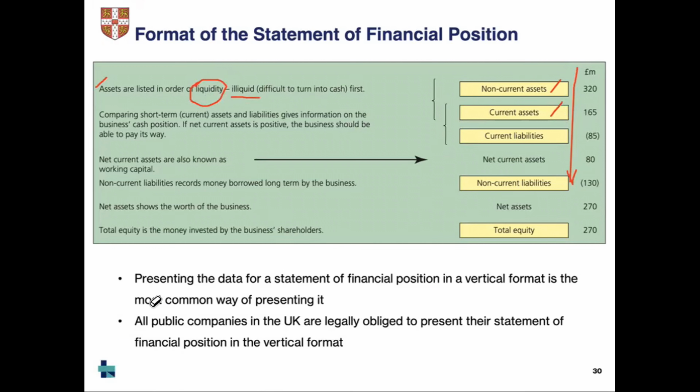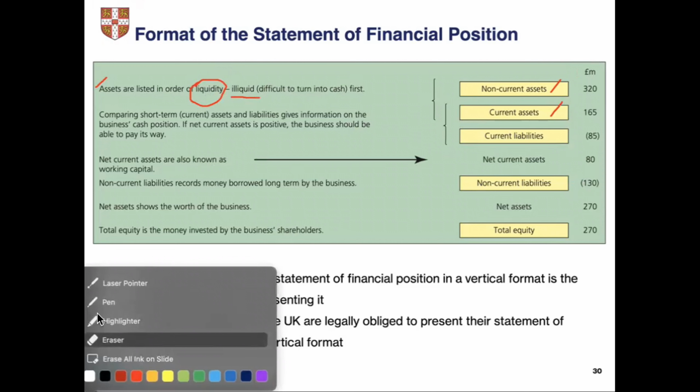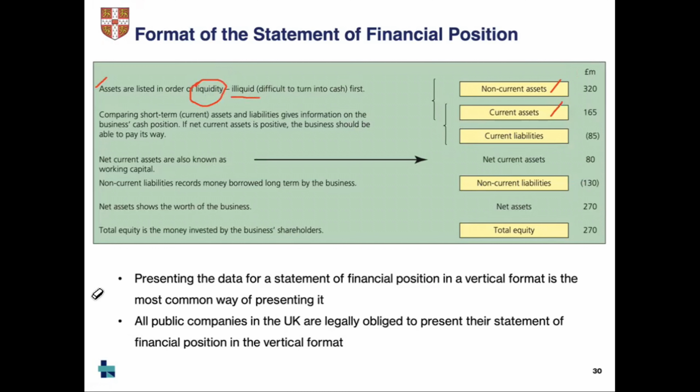Current assets are a bit more liquid than non-current assets. What does that mean? It means that the current assets are not as difficult to turn into cash compared to the non-current assets. All right.